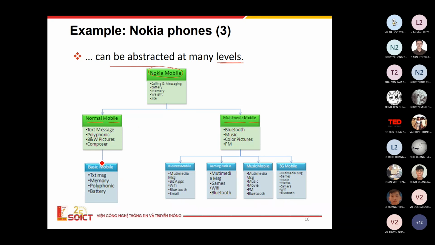And even lower, you have the basic mobile, business mobile, gaming mobile, music mobile, or 3G mobile. So you can describe the thing in different ways, and you can describe it at many levels. Okay, so this just reminds you what we have learned in the first lesson.